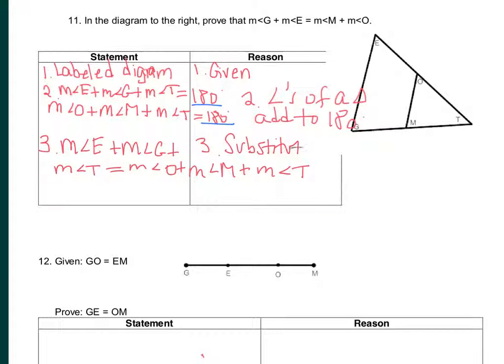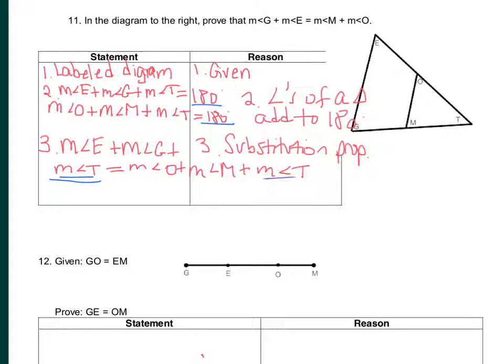Not a lot of room here. Substitution property. A little harder to see because of the way it's written, but we have E, G, T, O, M, T. I heard myself say T in both of them.